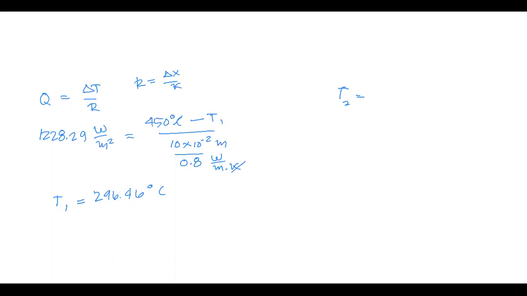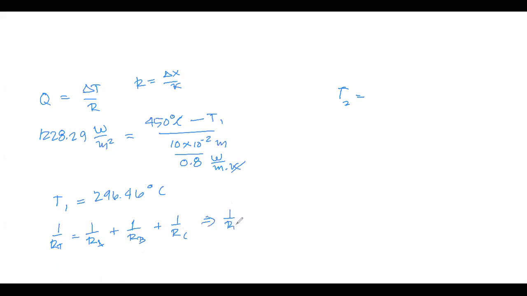So kunin muna natin yung RT, no? So 1 over RT nung tatlong parallel ay 1 over RA plus 1 over RB plus 1 over RC.